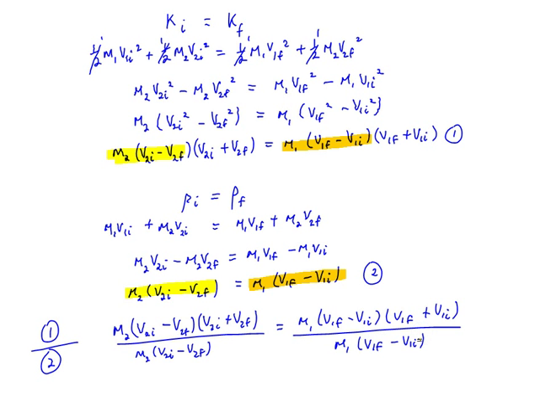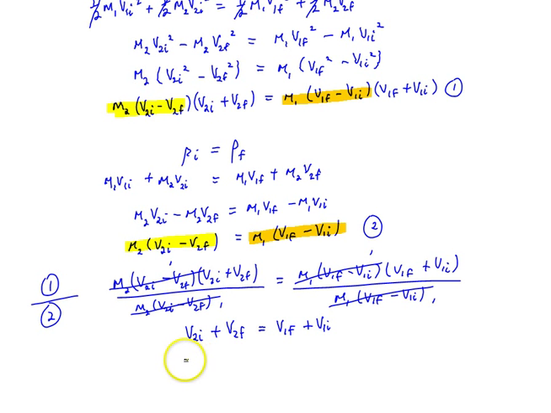And you should see that this will cancel out with this piece, and this will cancel out with this piece, and you'll get V2 initial plus V2 final equals V1 final plus V1 initial.